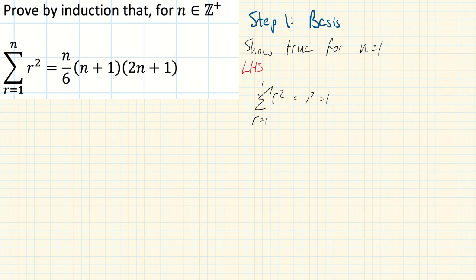Fantastic. And on the right-hand side, let's show that the formula works. So instead of n over 6, we'll have 1 over 6. Instead of n plus 1, we've got 1 plus 1. And instead of 2n plus 1, it's 2 lots of 1 plus 1. Let's work this through.